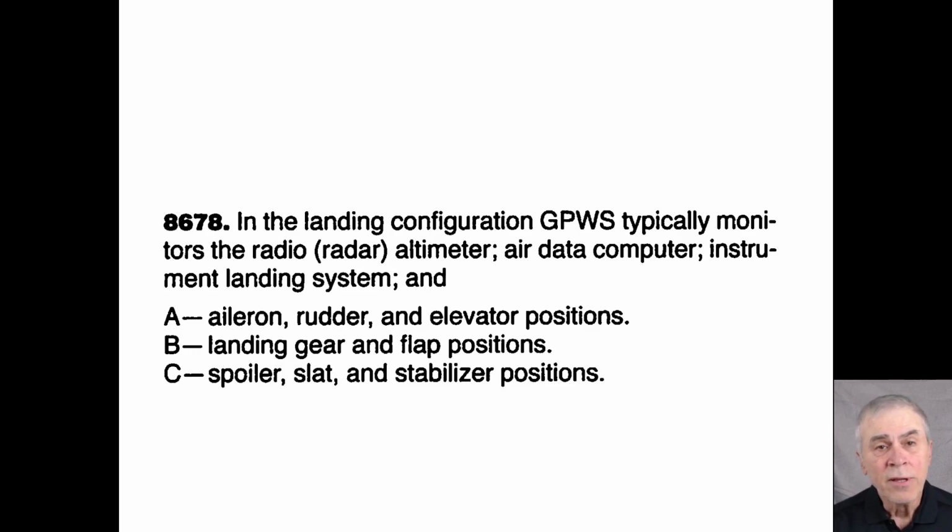But yes, the flaps are extended and the landing gear is extended, or the flaps are raised. The other ones are more in-flight controls, so those wouldn't be monitored. Those would stay the same irregardless of your landing configuration.